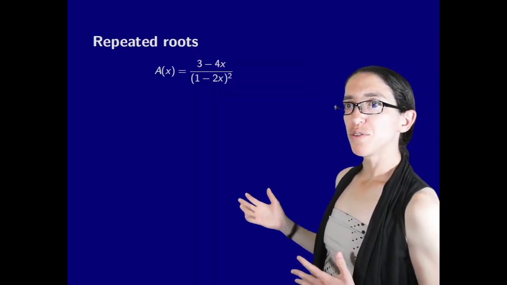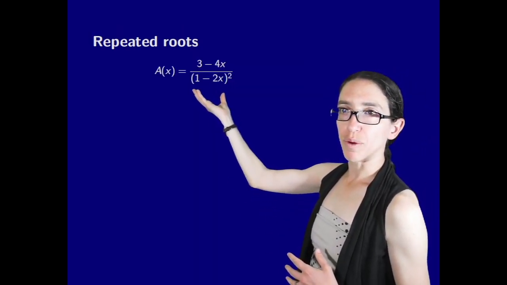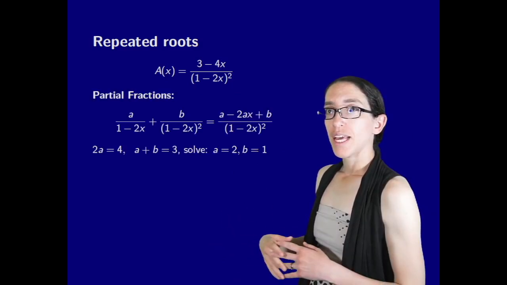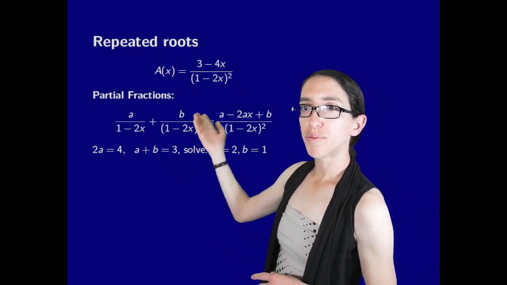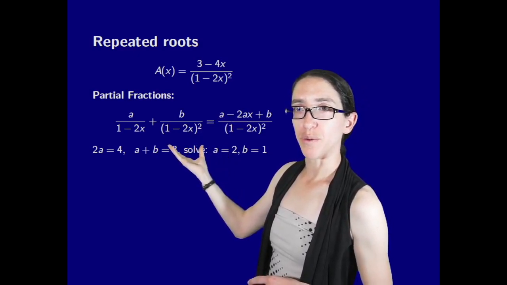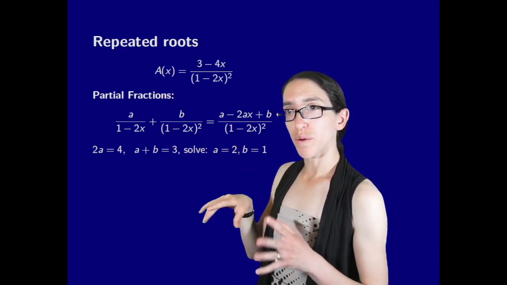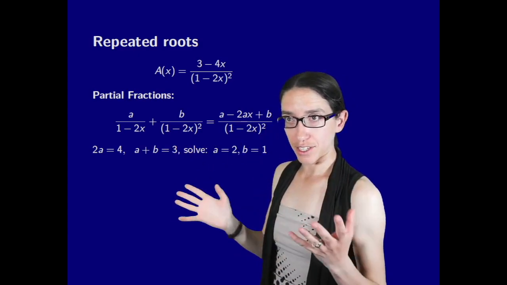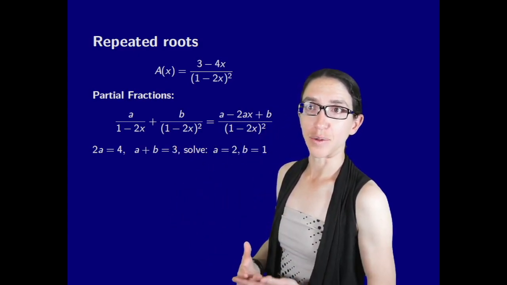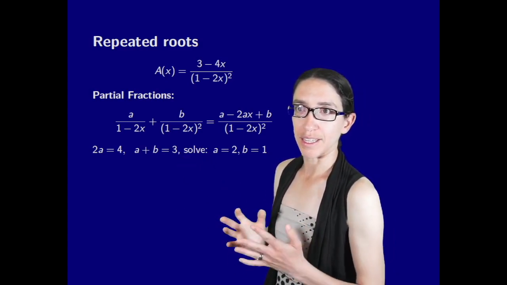When you have repeated roots, we can't just write this as something over 1 minus 2x plus something else over 1 minus 2x. In this case, we write it as a over (1 minus 2x) plus b over (1 minus 2x) squared. We do have a way of dealing with this because we saw that 1 over (1 minus x) squared is the generating function of the counting sequence in the previous video. So we can use that sequence and use monomial substitution to get the answer.